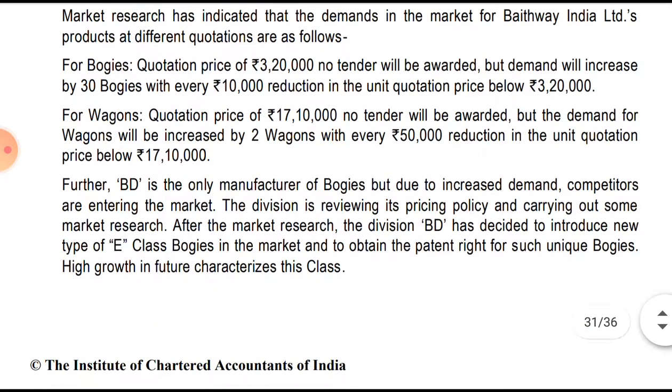BD is the only manufacturer of the bogie, but due to the increased demand, competitors are entering the market. The division is reviewing its pricing policy and carrying out some market research. After the market research, the division BD has decided to introduce a new type of class E bogie in the market, and to maintain the patent right for such a unique bogie.